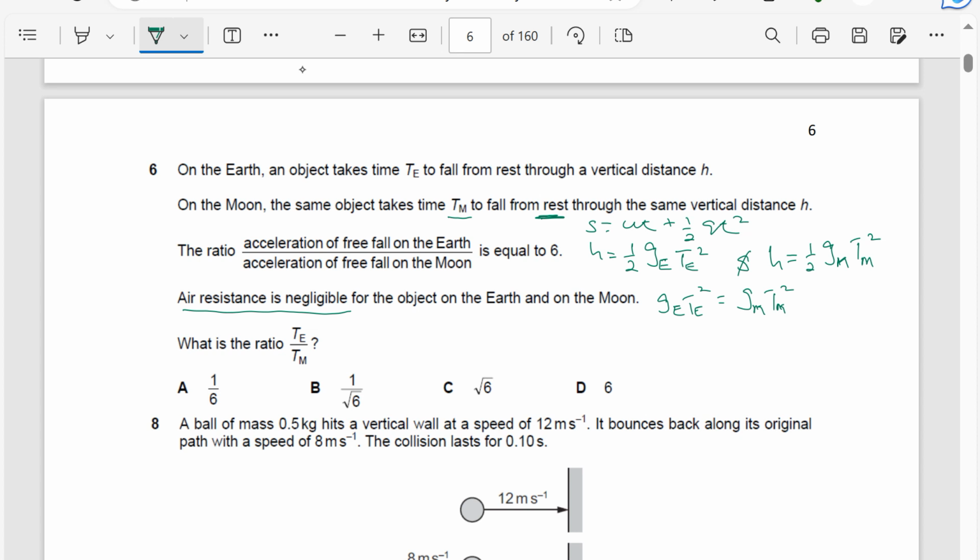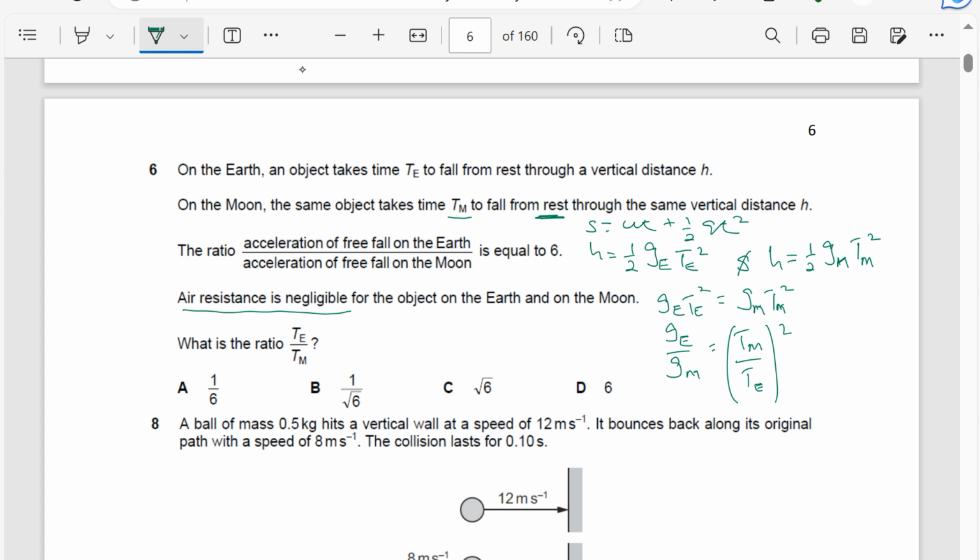Then I will just rearrange this. G on the Earth divided by g on the Moon is going to be t on the Moon divided by t on the Earth, but the other side is squared because these t's are squared. But they told us that the ratio of acceleration of free fall on the Earth over free fall on the Moon is 6.